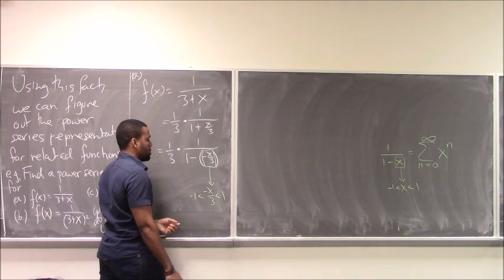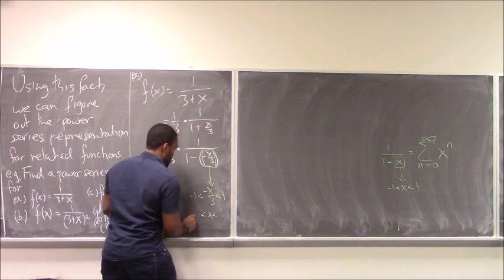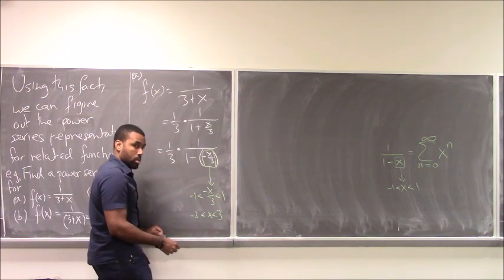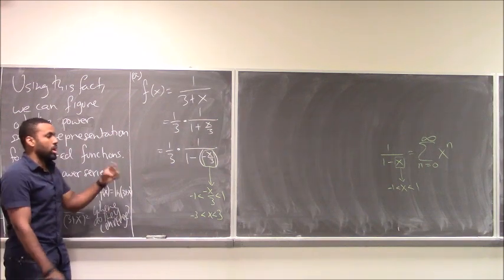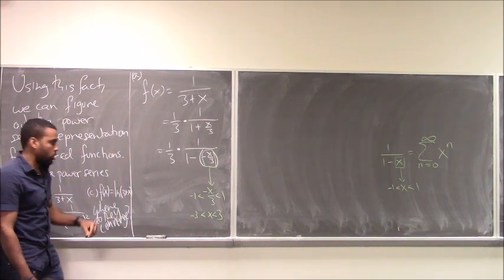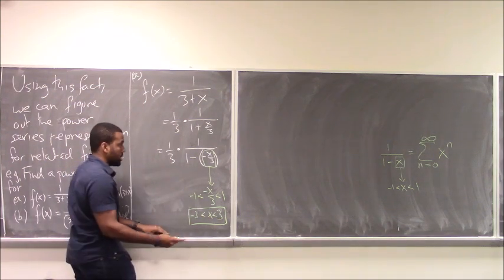And what's that going to mean for x? Well, that would mean x would have to be between, say, plus or minus 3, right? So that's the first thing. So where is it going to converge? What I'm about to do, this manipulation is going to work as long as my x is somewhere between minus 3 and 3. That's the first thing.